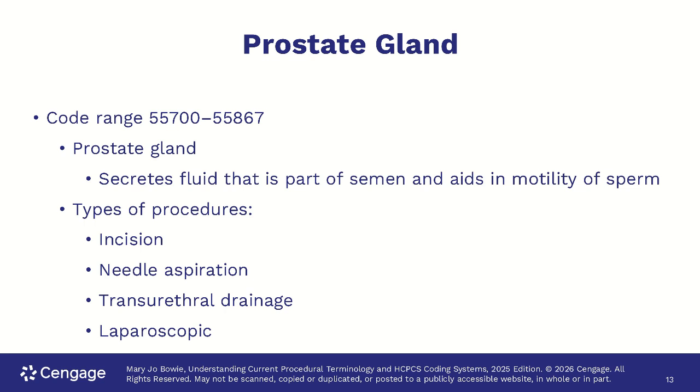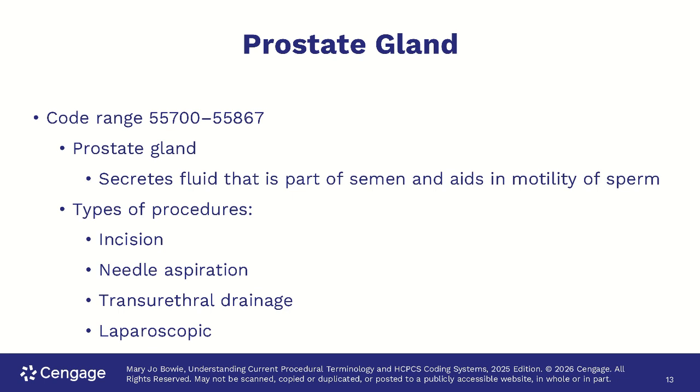All right, prostate gland. The prostate gland secretes fluid that is part of the semen and aids in motility of the sperm, and it is located below the urinary bladder and on the upper end of the urethra. The prostate subcategory contains notes that you will need to refer to.